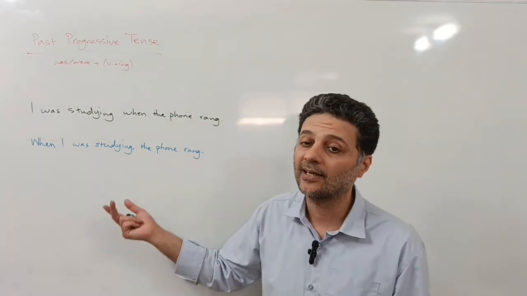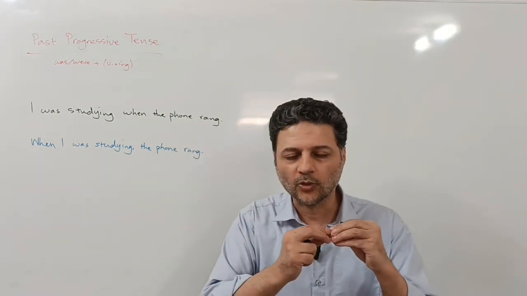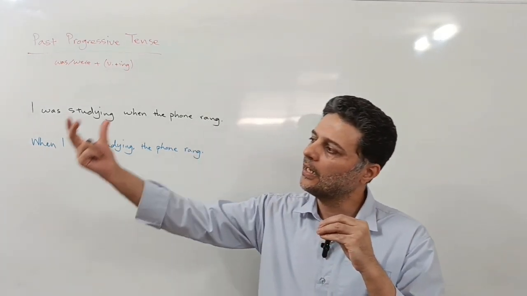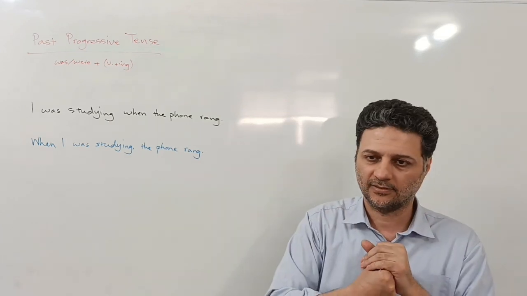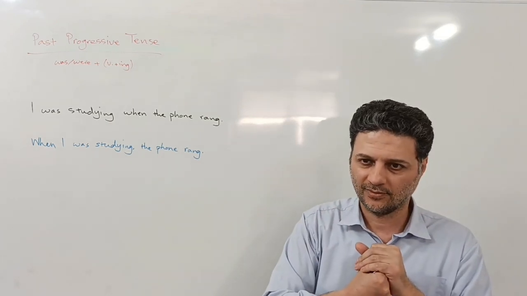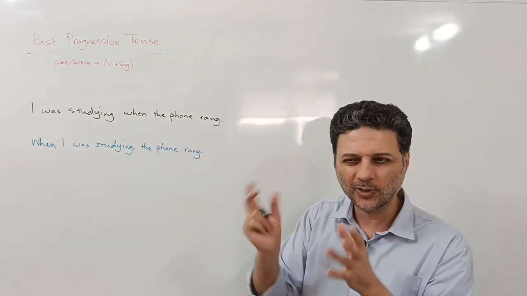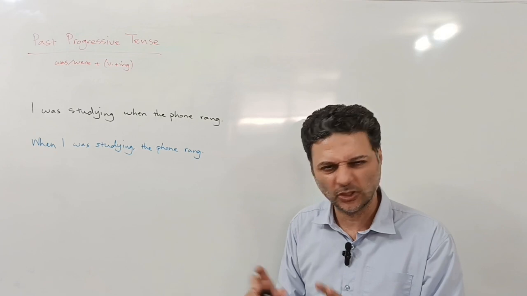All right? Like you were doing something that another action in the past interrupted it. Cut it short. All right? So like this example, I was studying when the phone rang. Usually we use it in this kind of structure, usually. All right?